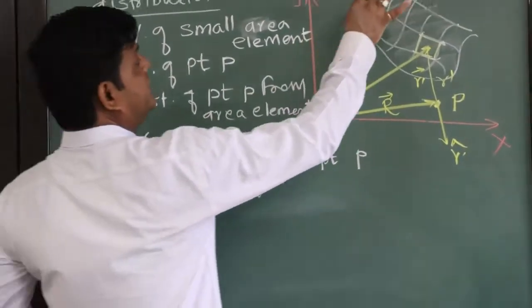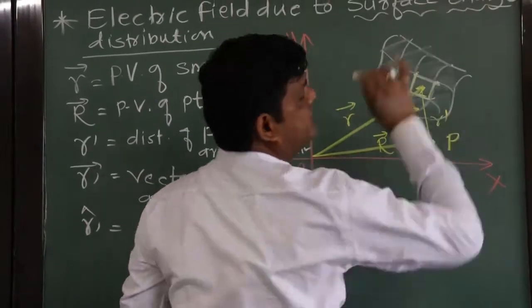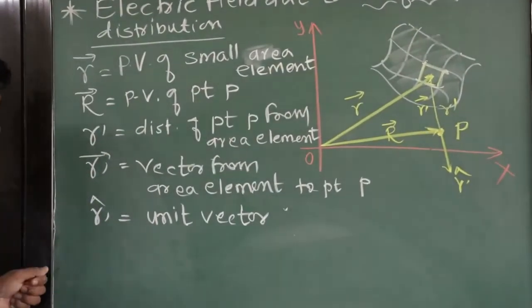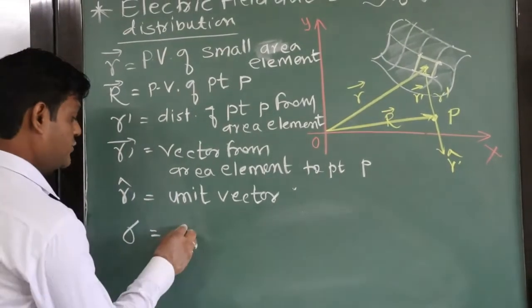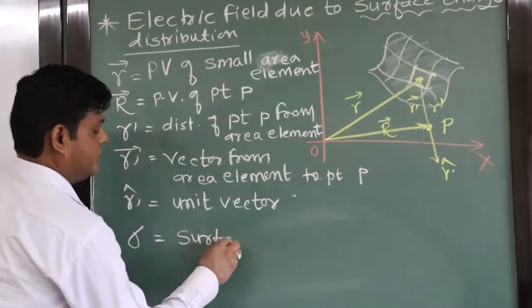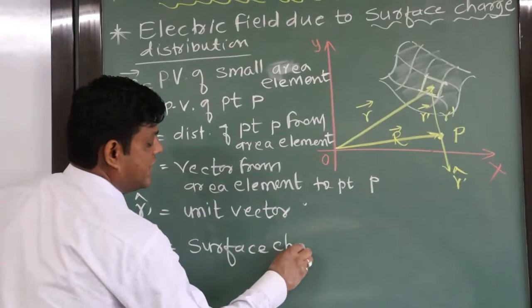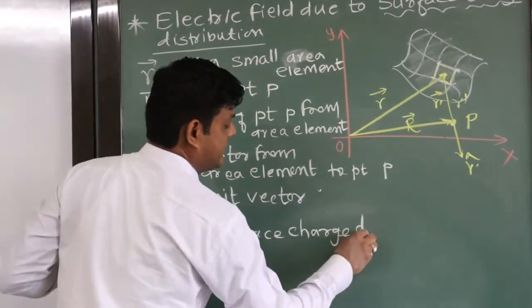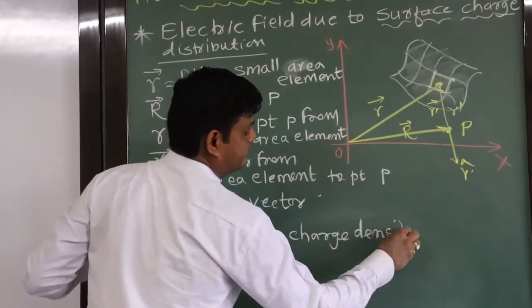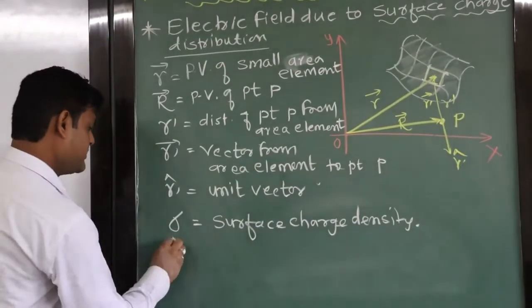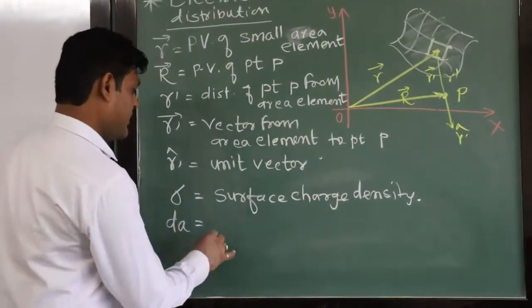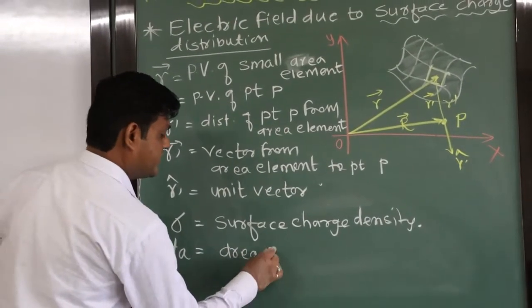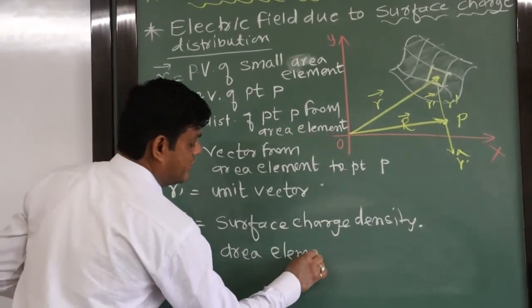Here we are considering surface charge density. So what is sigma? Sigma is known as the surface charge density. What is dA? dA is the small area element.